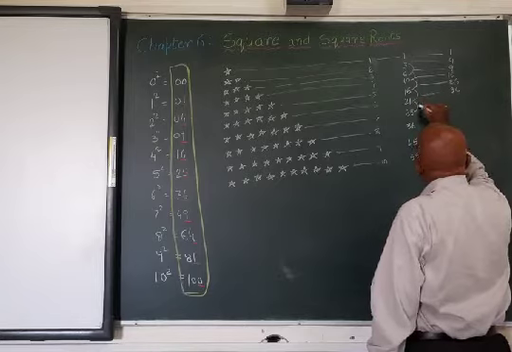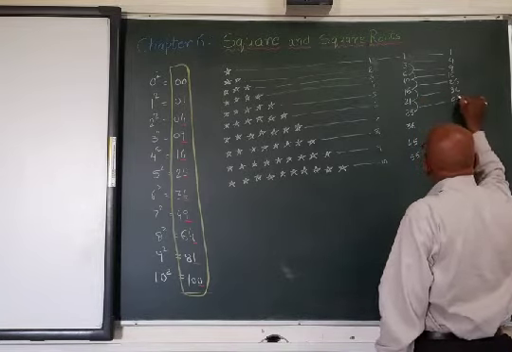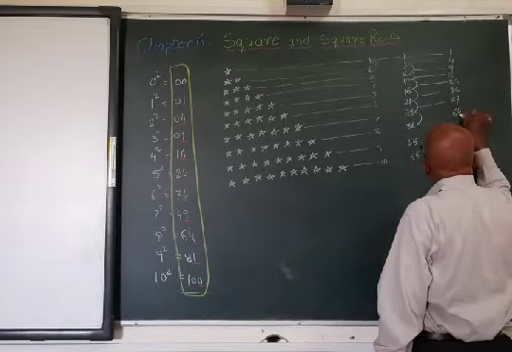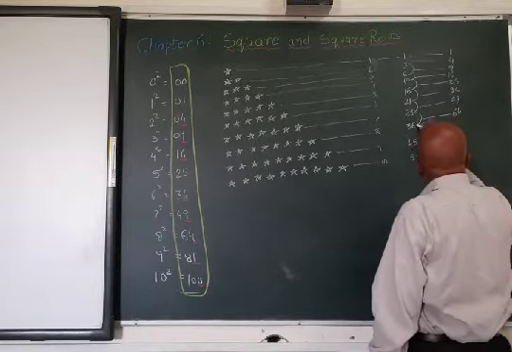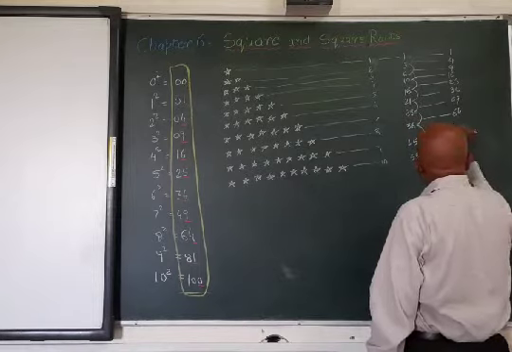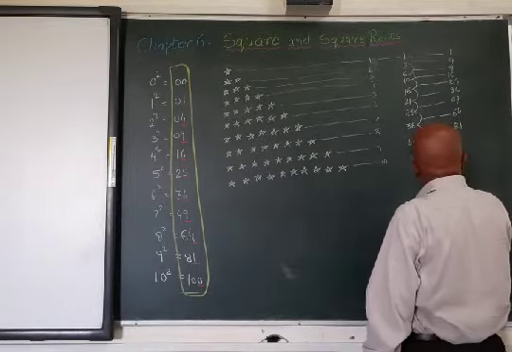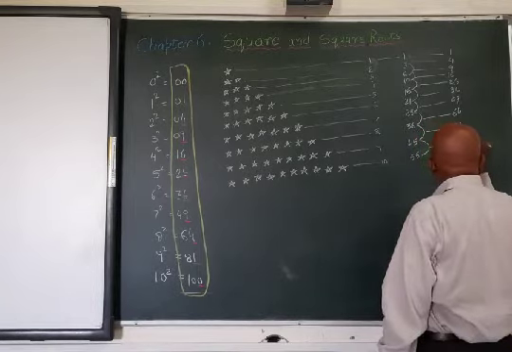Sum of these two, 49. Sum of these two, 64. Sum of these two, 81. And sum of these two is 100.